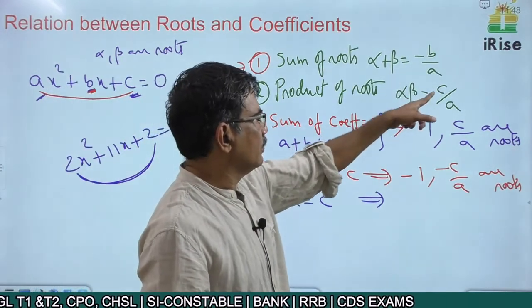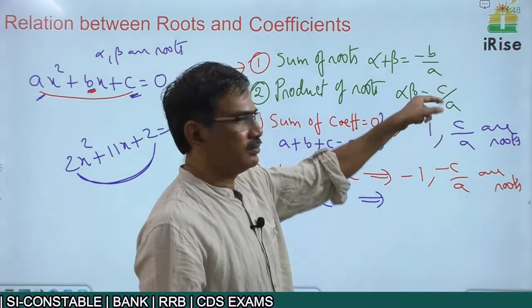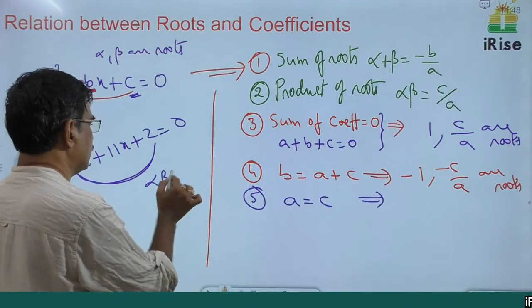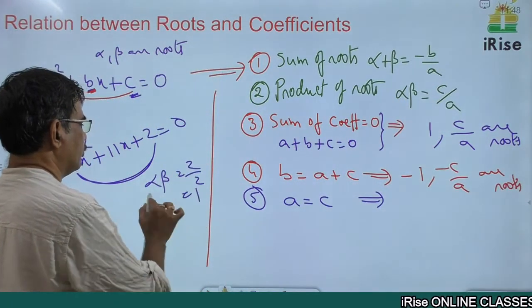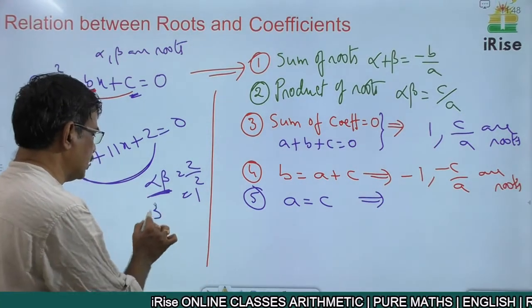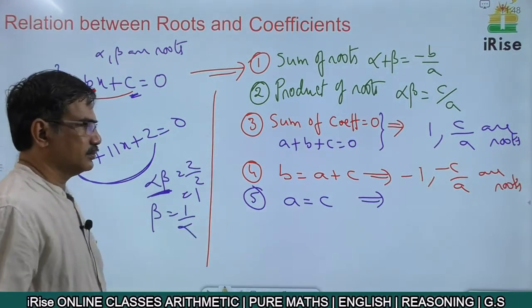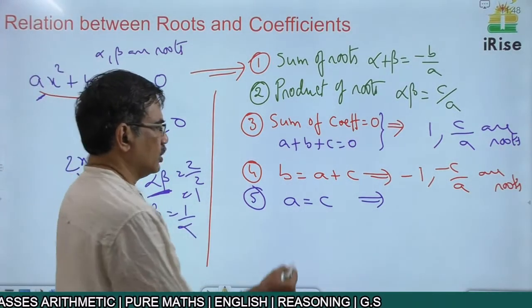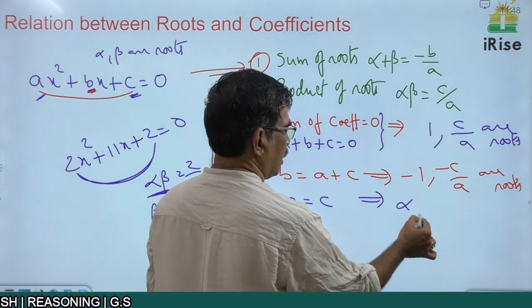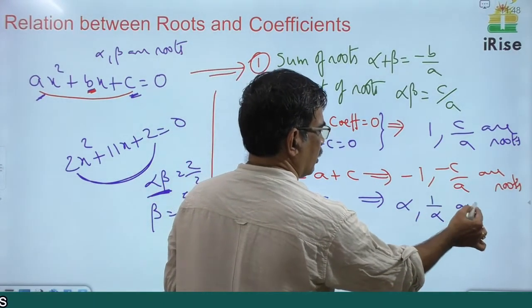If a is equal to c, the value c by a is 1. If it is 1, the product of the roots alpha into beta is equal to 2 by 2 is equal to 1. If the product is 1, then one is the reciprocal of the other. So what is beta? It is equal to 1 by alpha. So if the a is equal to c condition is given, the roots are nothing but alpha comma 1 by alpha.